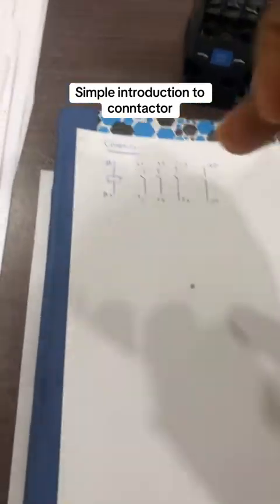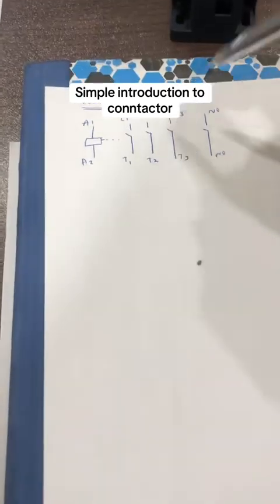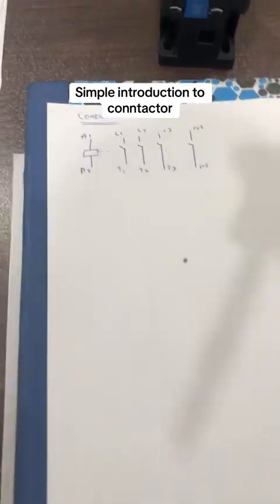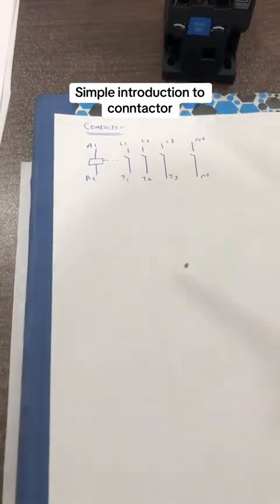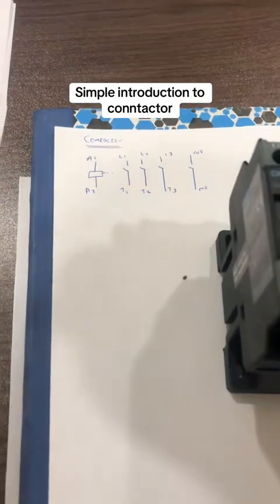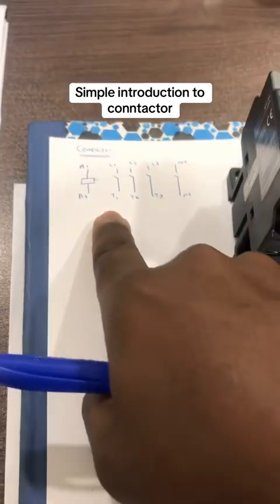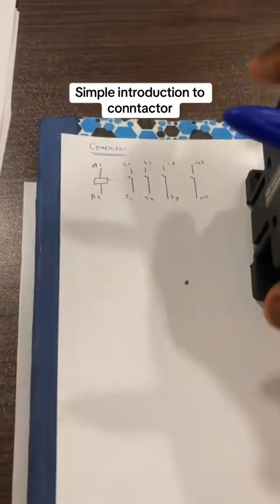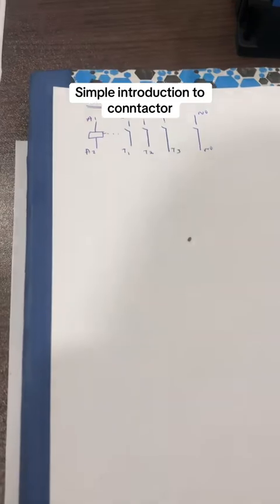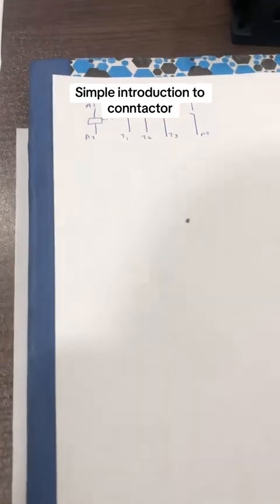These contacts you are seeing here are just like the normal switch that you and I both know about, but these contacts are inside this contactor. The only thing you need to control in order for these contacts to operate, to close or open, is the coil of the contactor. That is how the contacts work.